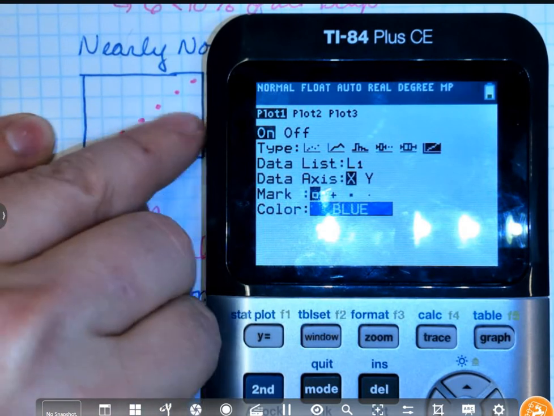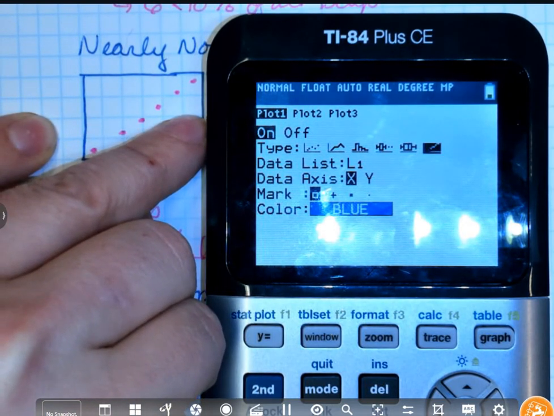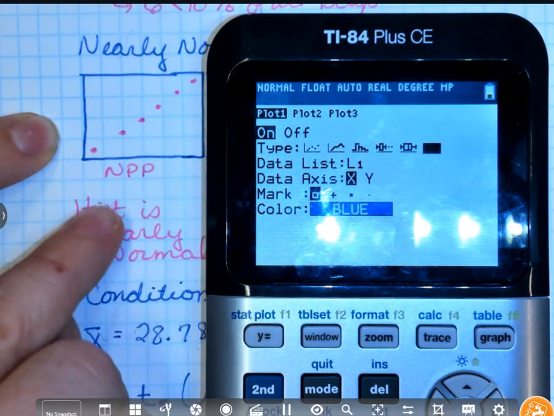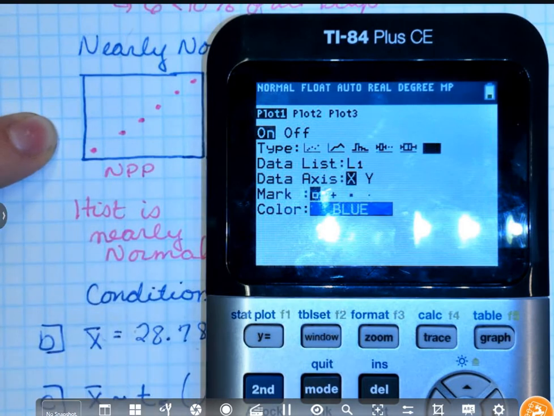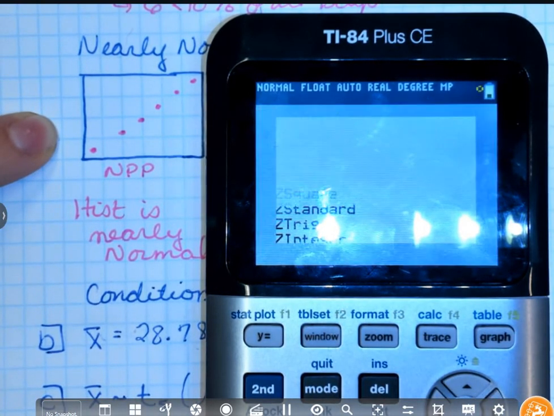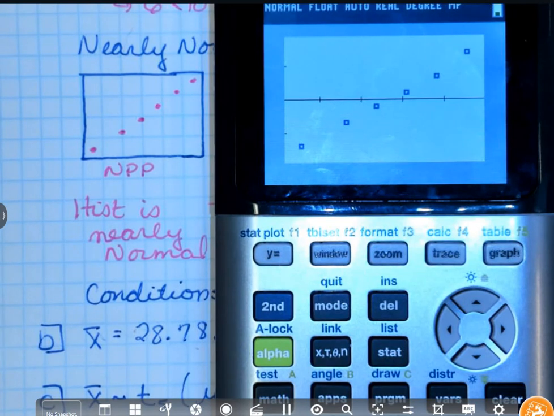So along one axis is the actual value itself, like how many grams it is. And on the other axis is a corresponding z-score. All you want, when you see this zoom stat, you want it to look like a line. That's it. That's why I like the Npp plot.